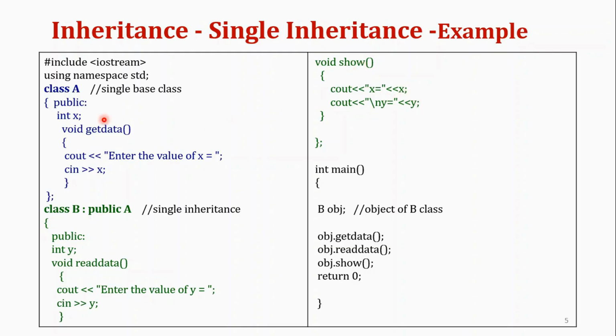Even though x belongs to class A, because of the inheritance, x and getdata are inherited into the public part of class B. That is the end of the class, with the semicolon. In the main function, create an object for the derived class.